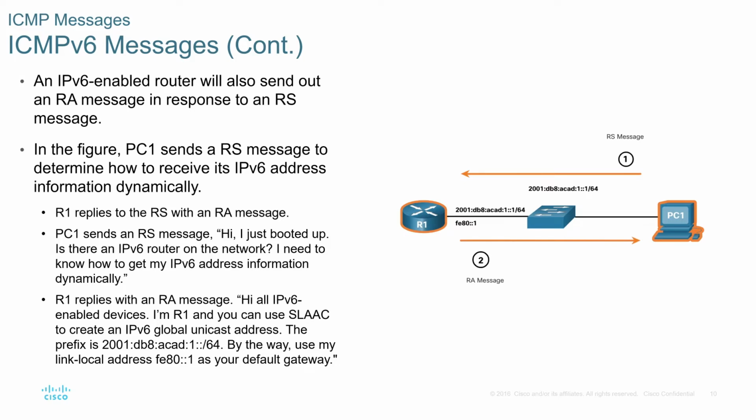If you wish to try this in Packet Tracer, all you need to do is connect a router to a PC. It can go direct with a crossover cable, or it could go through a switch. Put an IPv6 address on the router interface, a link local IPv6 address on the router interface.